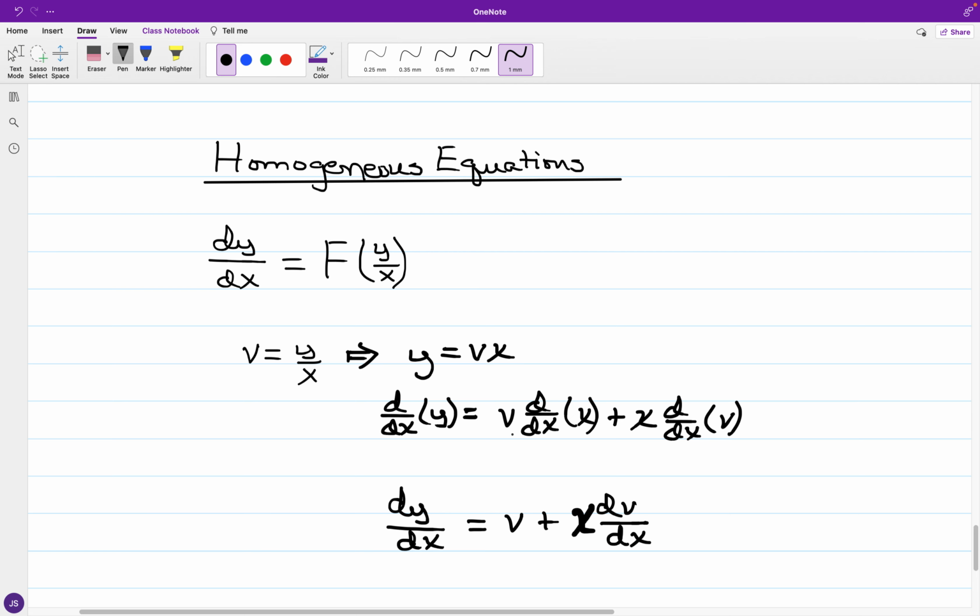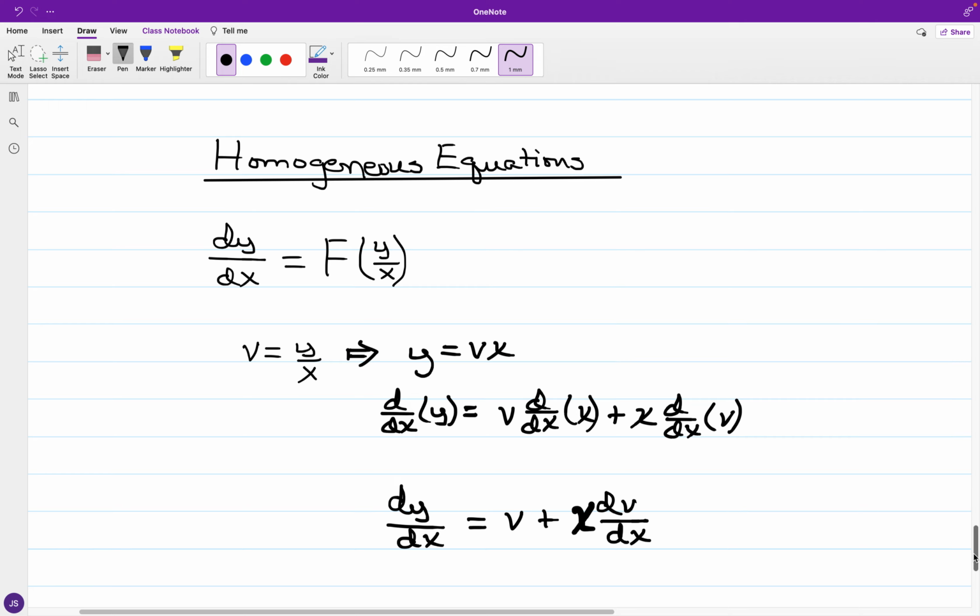For v times x, we use the product property: v times the derivative in x of x, plus x times the derivative in x of v. So dy over dx is equal to v times 1, which is v, plus x dv over dx.